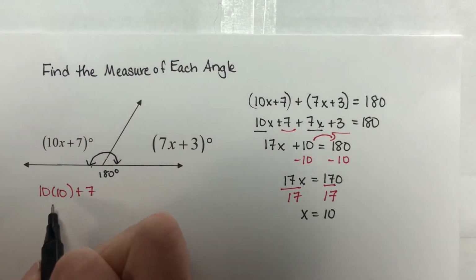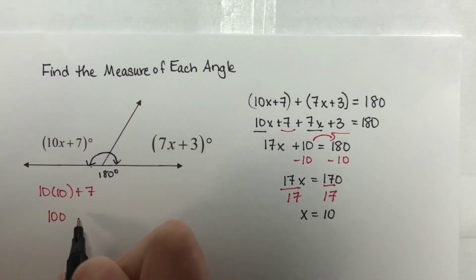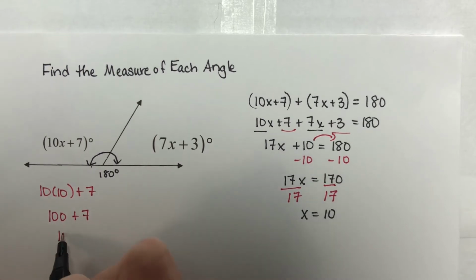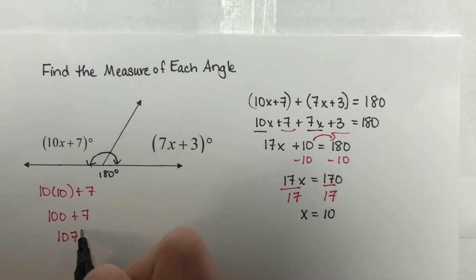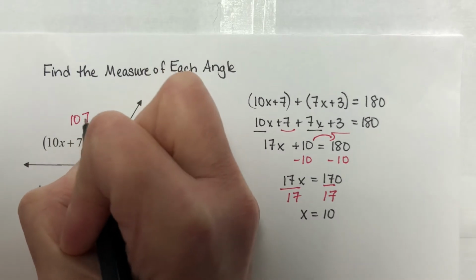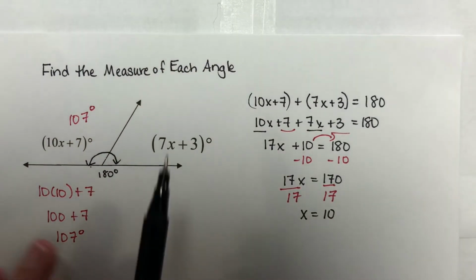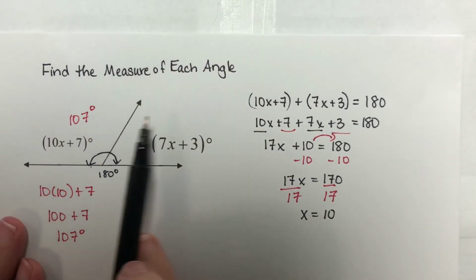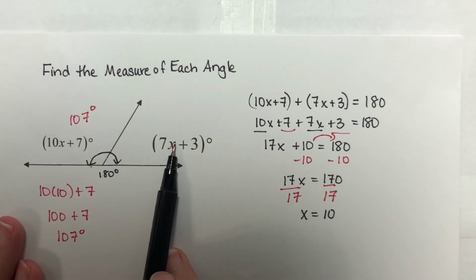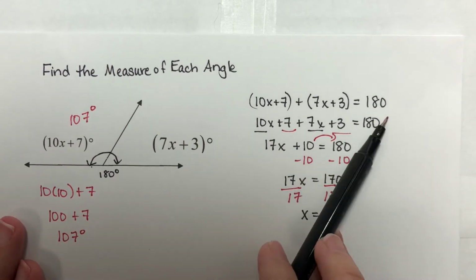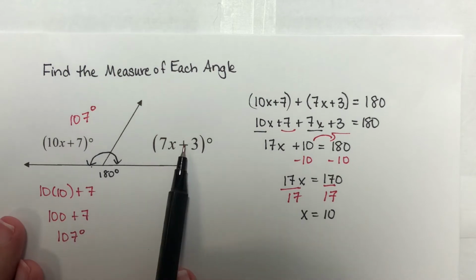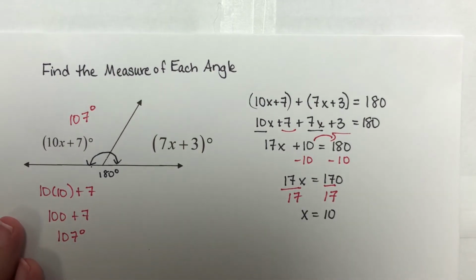That is 100 plus 7, so 107 degrees. This one is 107 degrees. Now you can take this and subtract it from 180 and figure out what this should be. In fact, if you do that, 180 minus 107 will give you 73. I expect this to be 73. I take the 10 though and I plug it in to make sure.